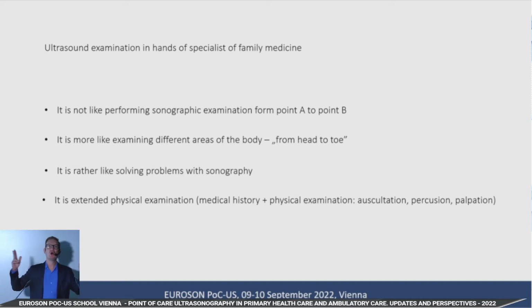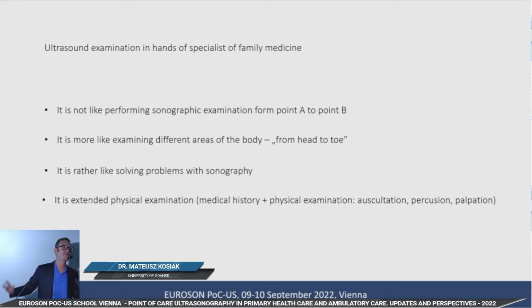So, who wants to be a millionaire? Do you know it? Who wants to be a good sonographic practicing family doctor? What do you need to do? You need to have good equipment? No. You need to practice a lot? Yes. But what is the crucial thing for you to become a good family physician practicing sonography? You need to be a good physician.